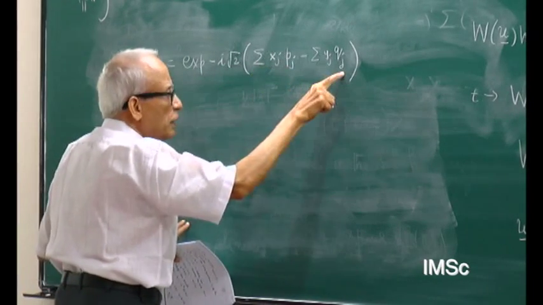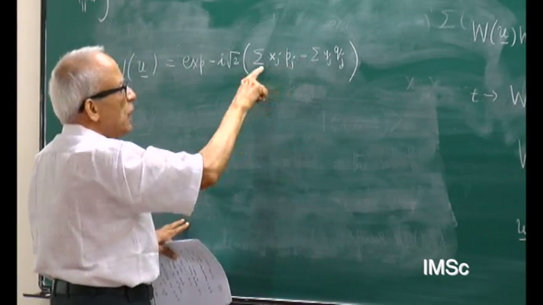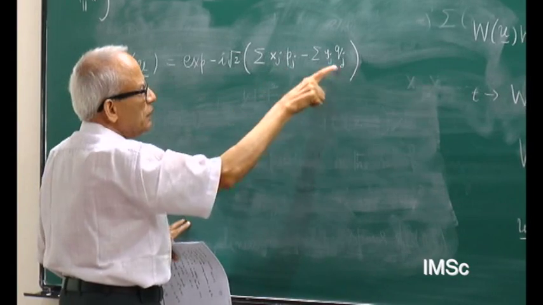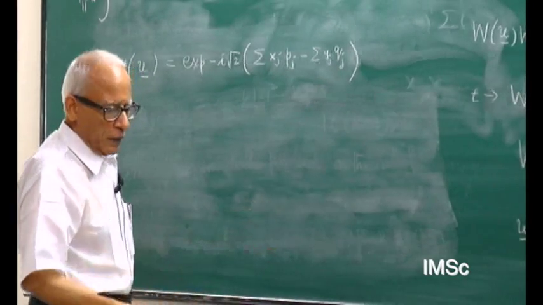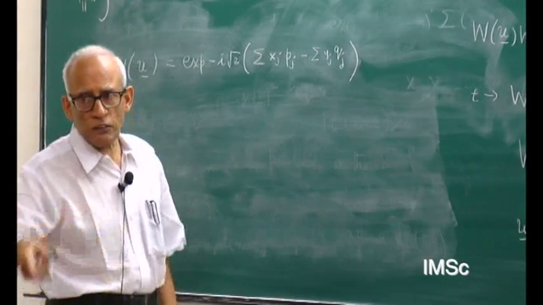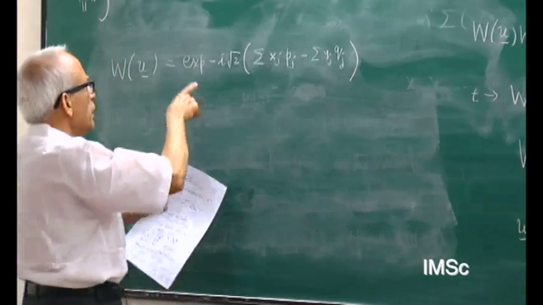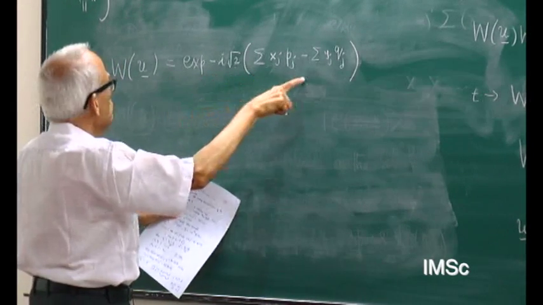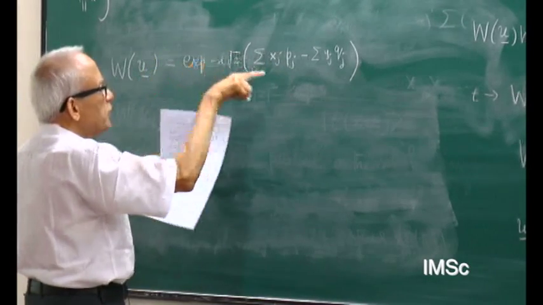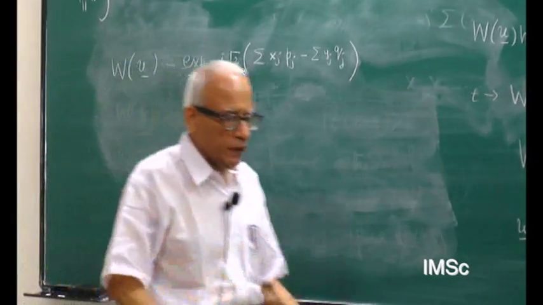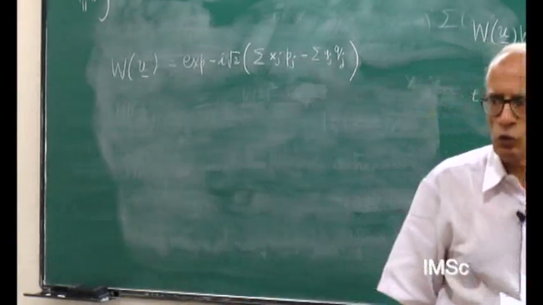This can be considered a self-adjoint operator, but I use the same notation. Even though it looks like a formal linear combination, it is actually its closure which comes, and that is self-adjoint, and exponential minus i root 2 times this. So I can use this legitimately for defining the Fourier transform.